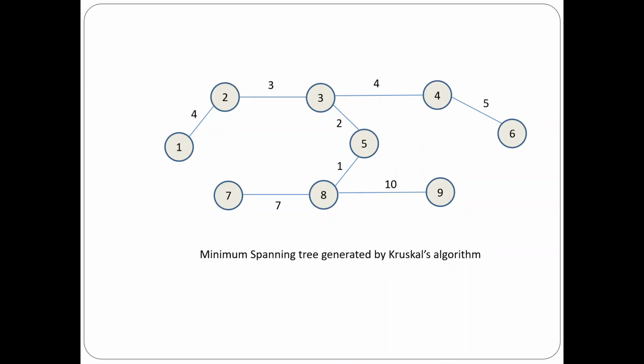So this is the final minimum spanning tree using Kruskal's algorithm, where we have visited all the vertices with a minimum number of weighted edges. In Prim's algorithm, we went node by node, whereas here we have gone through the whole graph.